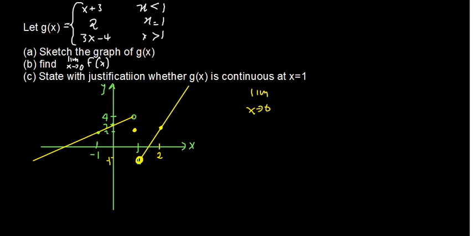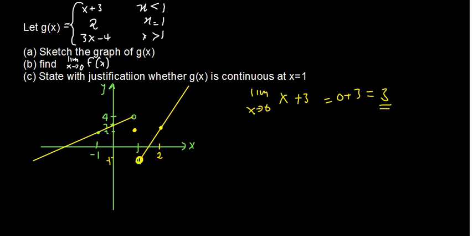So to find that limit, we are going to use this equation. So limit as x approaches 0 of x plus 3. That would be the f of x we are going to use. So that is going to give us 0 plus 3, which is a 3. So this is the value that we are approaching as we approach 0.